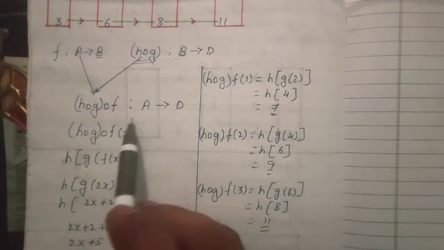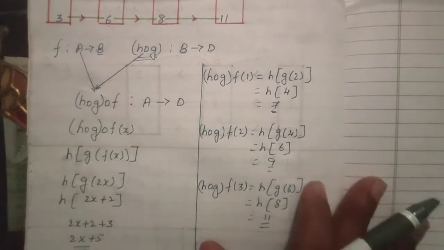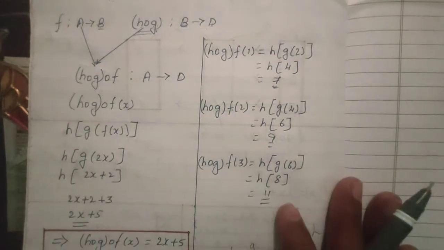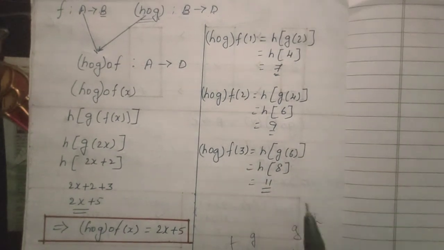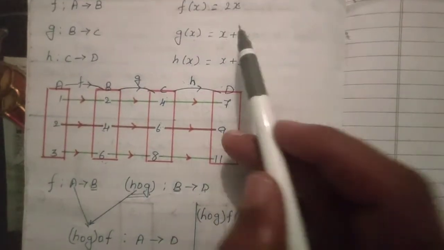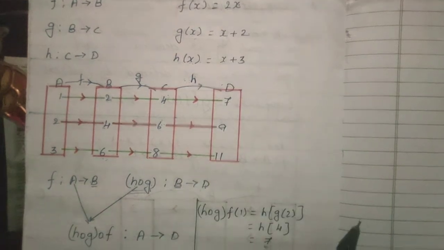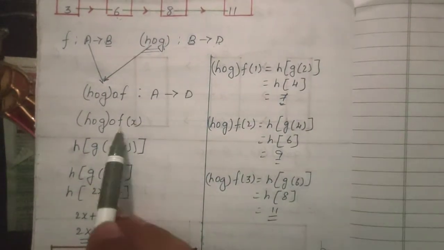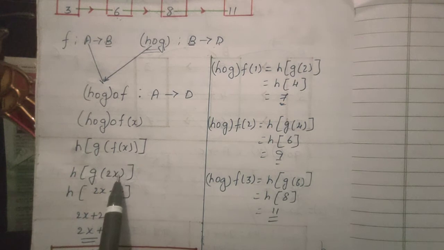Now how to expand this? How to find the functions? Here first we should take the f of x function. What is f of x? That is 2x.